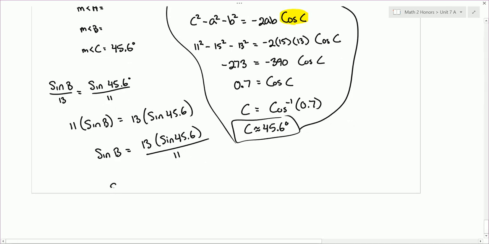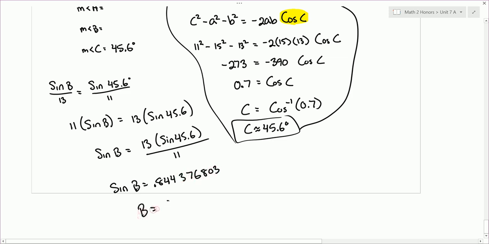I'm going to use my calculator and get the sine of B, plug in 13 times the sine of 45.6 divided by 11, and we get 0.844376803.